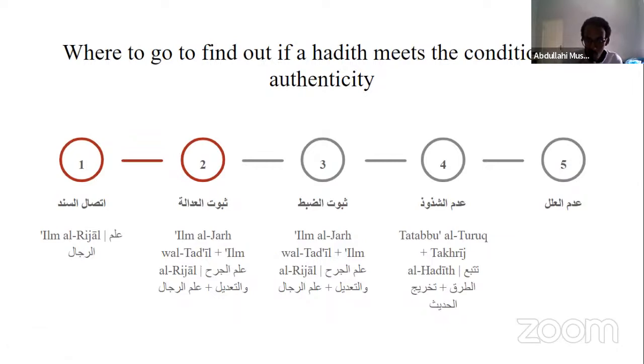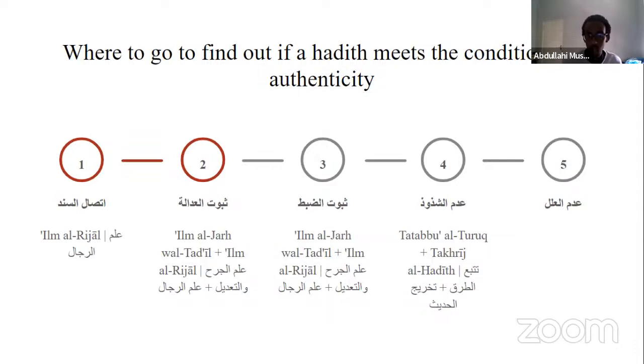So within the biographical entries of narrators, you will find maybe a scholar saying that this narrator was a thiqa, a relied upon narrator, or this narrator is a good narrator, saduq. Maybe this narrator was a sheikh, and the word sheikh normally in hadith means that he was a good narrator, but due to old age, he started to lose his memory.